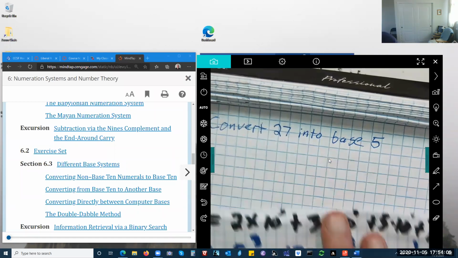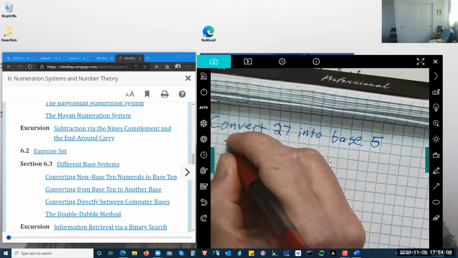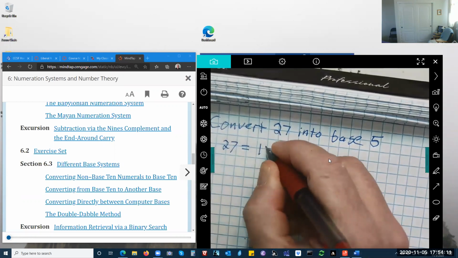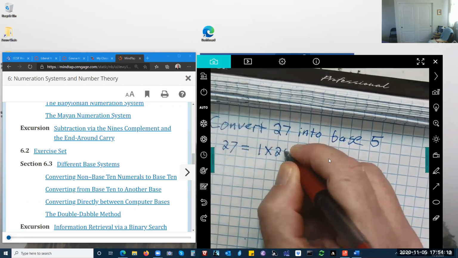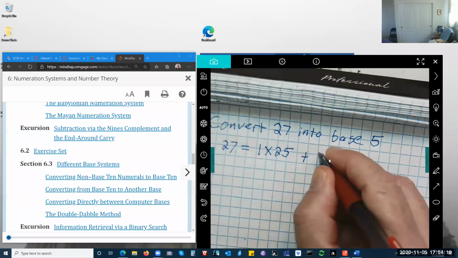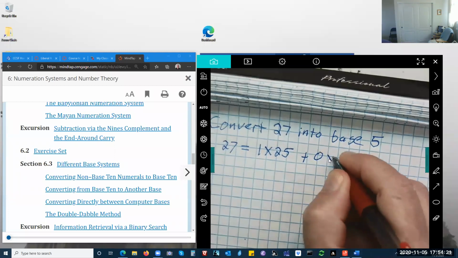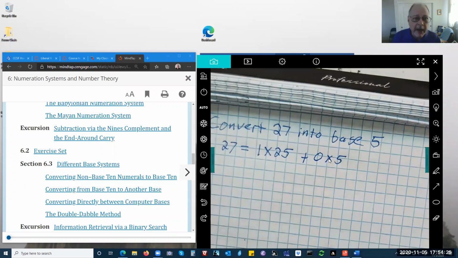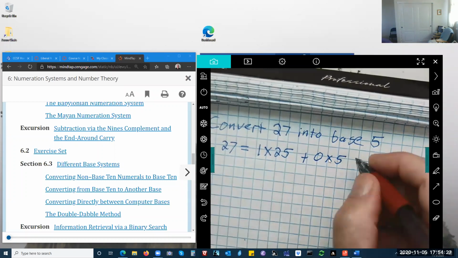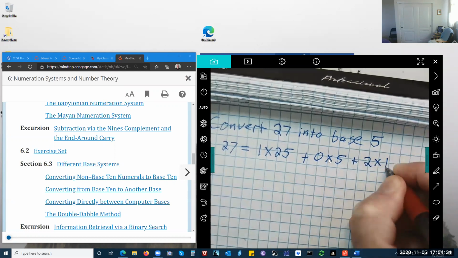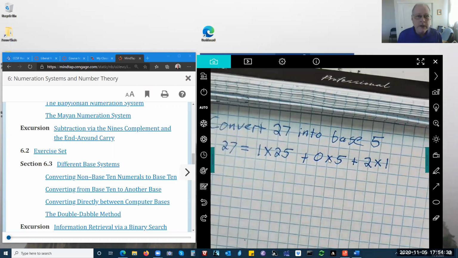So I think of the 27 as one group of 25, and no 5s, and 2 1s.